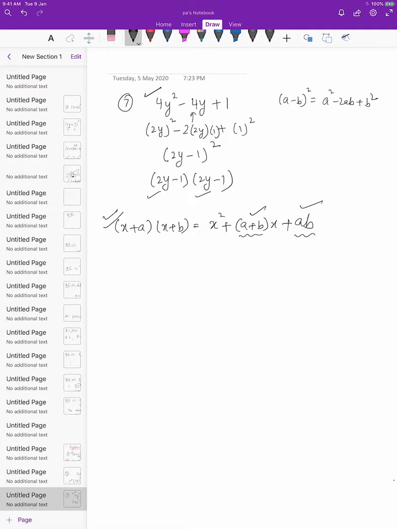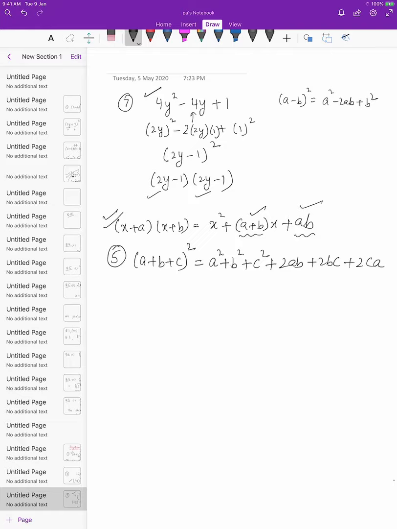Now the fifth identity I am using, that is your a plus b plus c whole square is equal to a square plus b square plus c square plus 2ab plus 2bc plus 2ca. This is the identity a plus b plus c whole square.